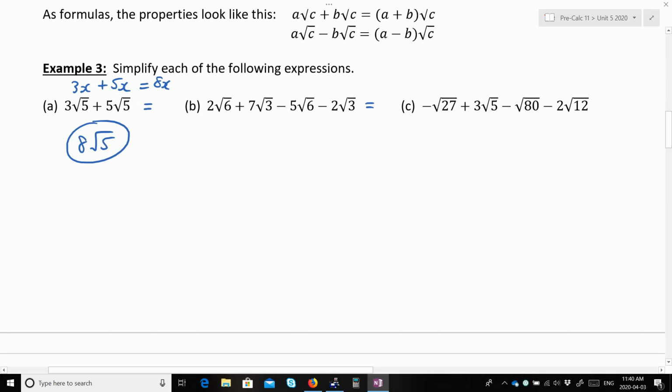All right, so in example B, notice we've got root 6's and we have root 3's. Okay, so we have to add or subtract the root 6 expressions and then add or subtract the root 3 expressions. So if I have 2 root 6 and I take away 5 root 6, if I go 2 minus 5, that's negative 3 root 6.